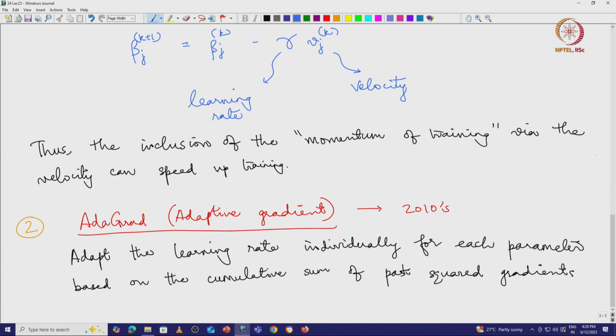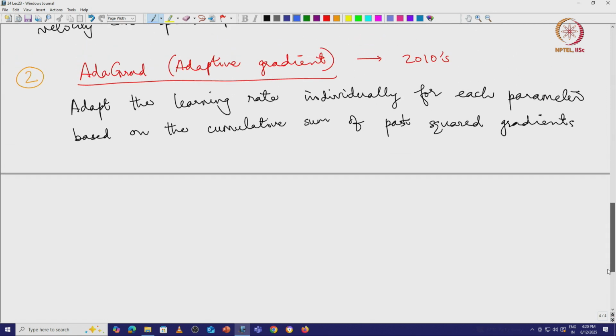You write the update of the Adagrad optimizer as follows. Your beta j parameter at the k plus 1th iteration is equal to beta j k minus gamma, the learning rate, divided by g j k, which stores the squared gradients, plus epsilon, a small term to prevent division by 0, times the gradient of the loss function versus the parameter beta j at the kth iteration.